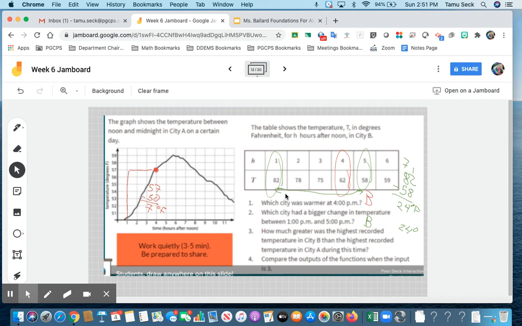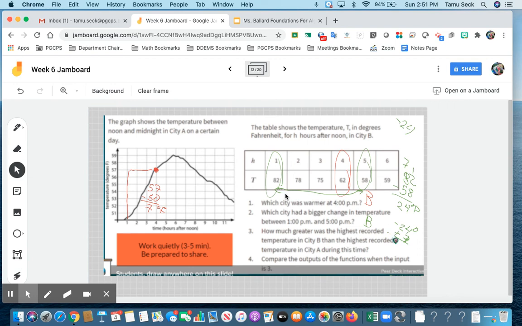It changed in a negative way. So negative 24 degrees and 7 degrees. Oh, no. I read the question wrong.